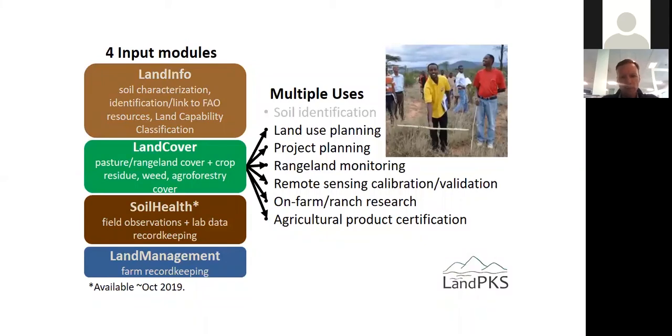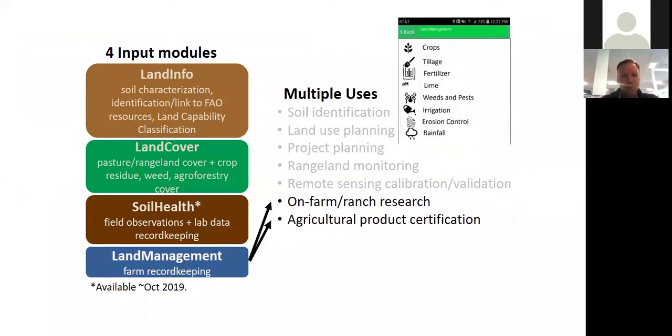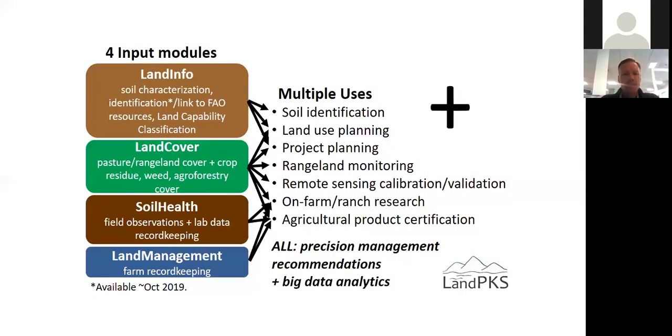And again, I'm going to go fairly quickly through this, recognizing that this group will ask lots of questions at the end. And obviously, like the overall philosophy that Dorn has so beautifully expressed in the proposal and other fora, the idea is that with the big data that starts to come in, the big data analytics we can do, starting to generate precision management recommendations, or at least options.